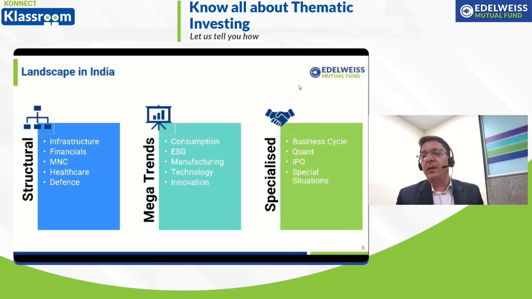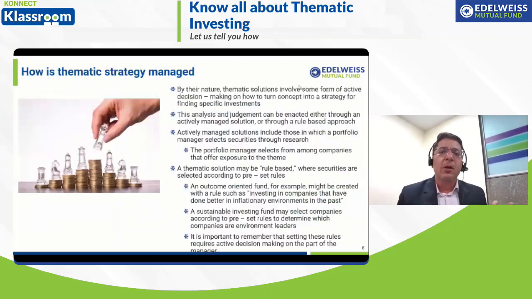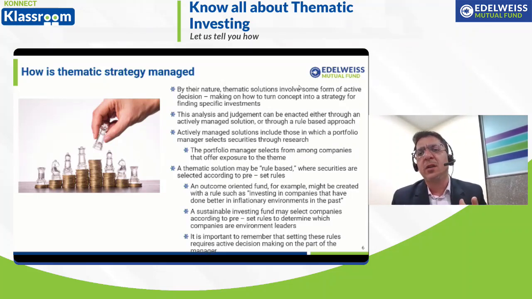Now, how is thematic strategy managed? The idea of any thematic strategy is that there is active decision making, and so they are predominantly active schemes to a large extent, because a degree of alpha generation is expected from the investors in this.